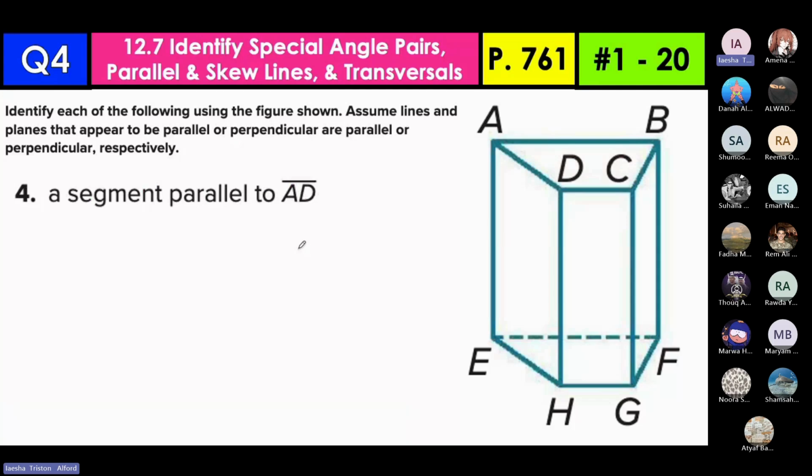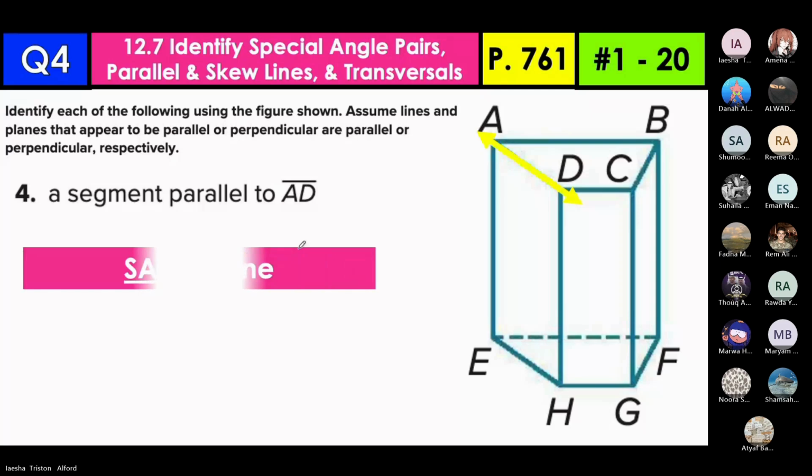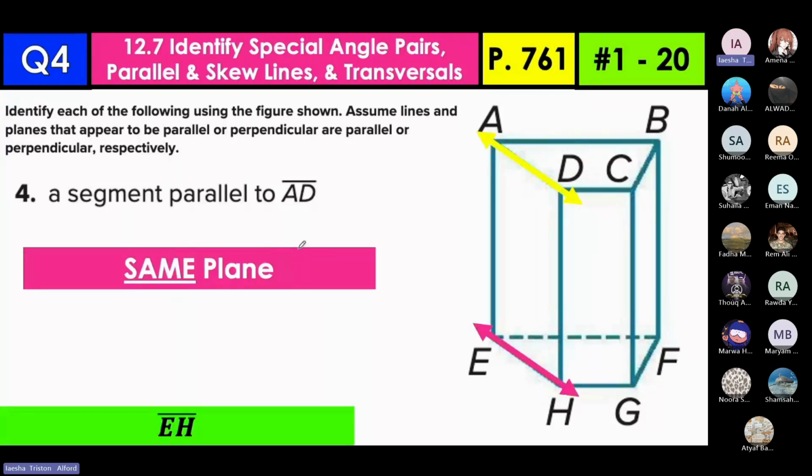Number 4, parallel to AD. Should be in the same plane. So EH. That is the only one parallel because this shape is really a weird shape, yeah?